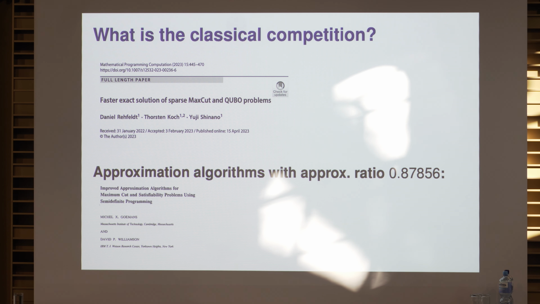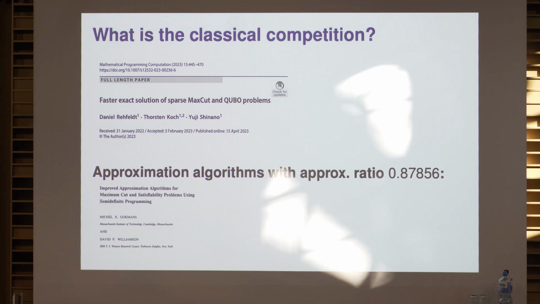Just before I go to the quantum realm, what is actually our competition, to be clear? Some people might know quadratic optimization problems, of which maxcut is a special case. There has been a very nice recent paper on the classical side. My understanding is that 10,000 vertices are usually not a problem for solvers, not for arbitrary graphs, but for graphs which actually appear in practice.